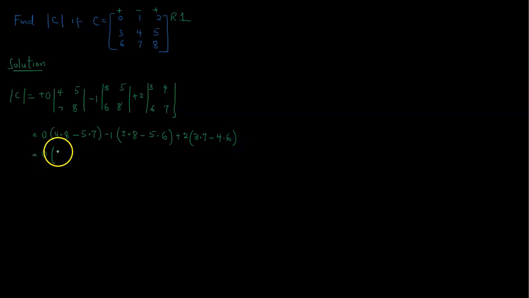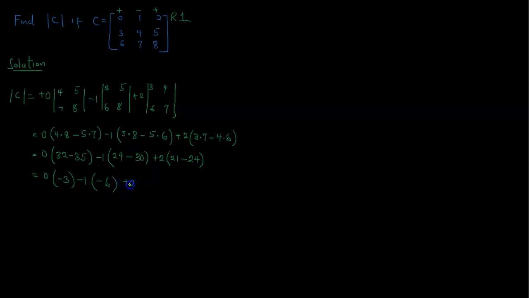So this is equal to 0 brackets. 4 times 8 is 32. 5 times 7 is 35. Then negative 1. 3 times 8 is 24. 5 times 6, that's 30. Then positive 2. 3 times 7 is 21. 4 times 6 is 24. So this gives 0. 32 minus 35 is a negative 3. 24 minus 30 is a negative 6.